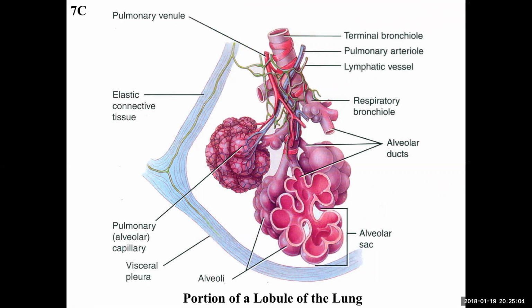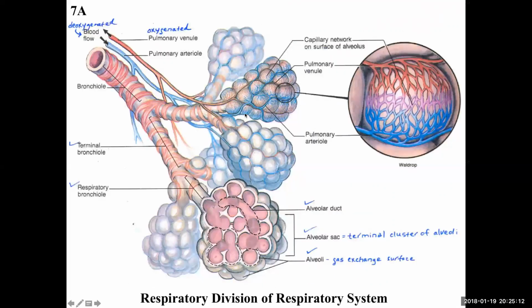The lobule will receive one arteriole and one venule leaves. And there's also a capillary network. We can see that better over in this picture here. So there's going to be one arteriole that enters, and one venule that leaves each lobule, and then there's a capillary network as well.